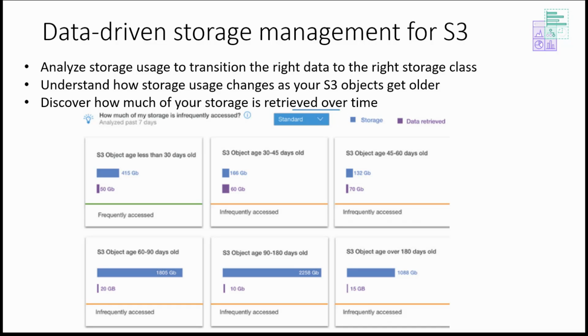In this case, a whole host of data was accessed less than 30 days, but then it dramatically drops off after 30 days. So somewhere around 30 days, you would set a tiering policy to tier from, say, S3 standard to S3 infrequent access to optimize.